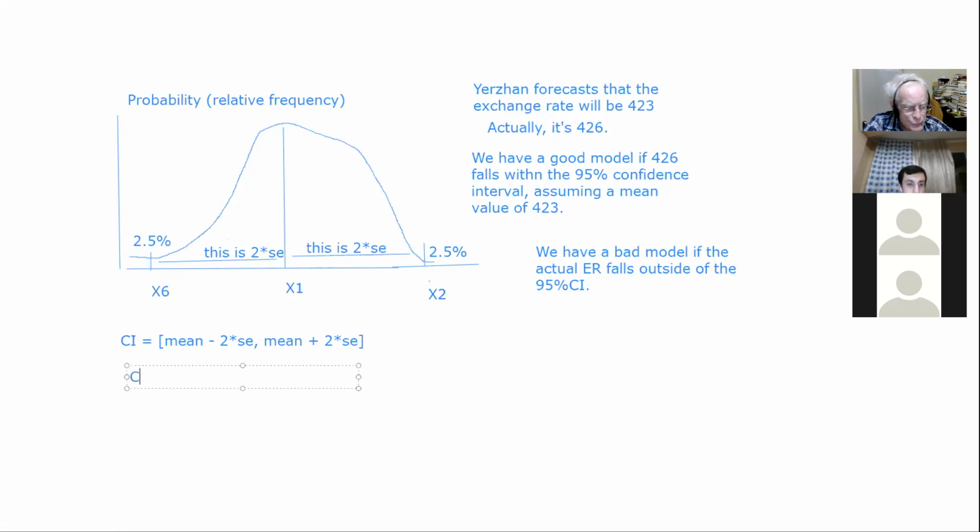So in this case, the 95% confidence interval varies from F6 to F2.